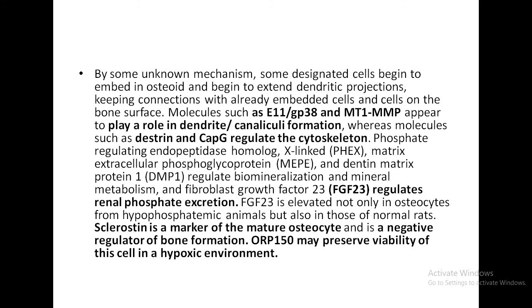Phosphate regulating endopeptidases, PHEX, MEPE and DMP1 regulate biomineralization, while FGF23, or fibroblast growth factor 23, regulates renal phosphate excretion. FGF23 is elevated not only in osteocytes but also in hypophosphatemic animals. And sclerostin is a marker of mature osteocytes, and it's a negative regulator of bone formation.